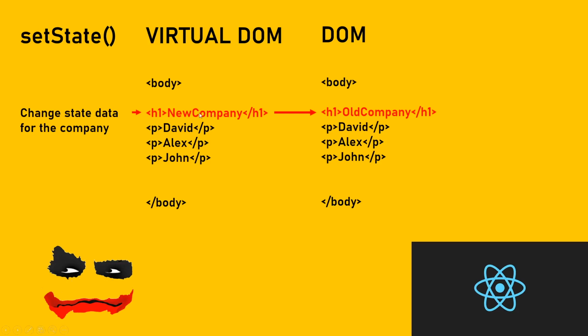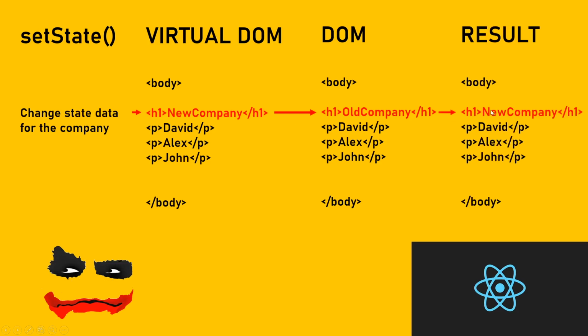So it creates the virtual DOM with the new value, then it compares the virtual DOM with the actual DOM, and if it finds the change, it will render only the portion that was changed instead of re-rendering the whole DOM. So this will be much quicker, and the result will be the new company.